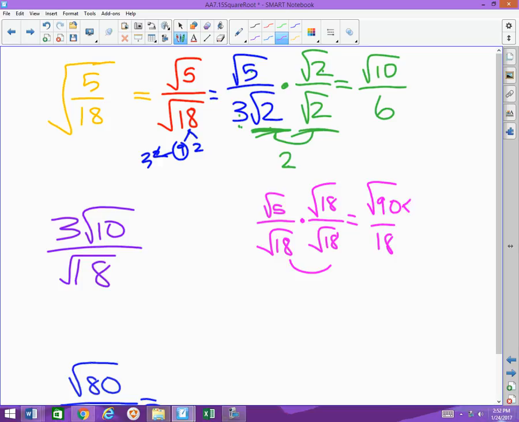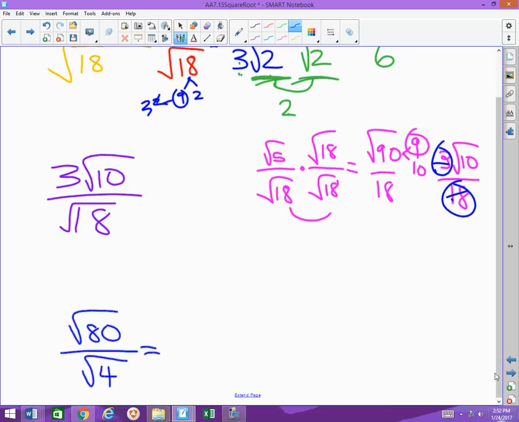And then that breaks down to 9 and 10, and the square root of 9 is 3 times the square root of 10 over 18. And then because you have a 3 and an 18, you can divide those two things, so that becomes square root of 10 over 6. Same thing, just a different route.